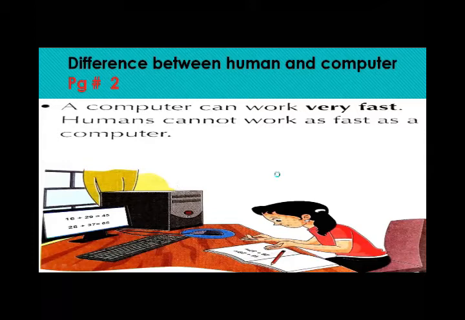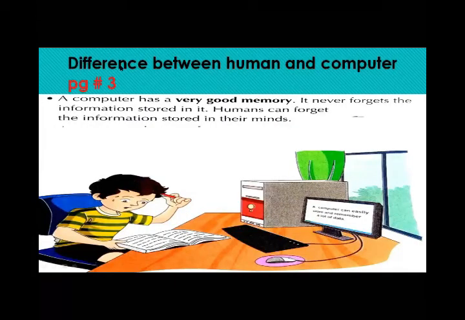Now see the next difference. What is the next difference? See this picture. Here is also a computer and a boy who is looking very tense. Why? See the difference.